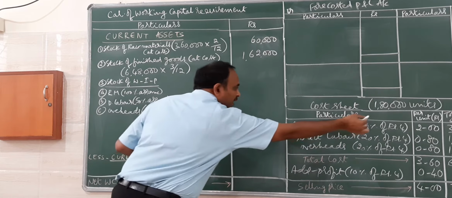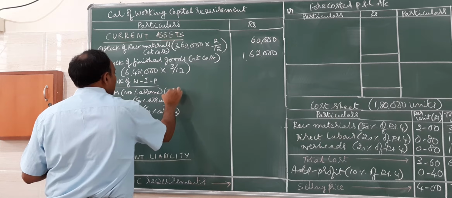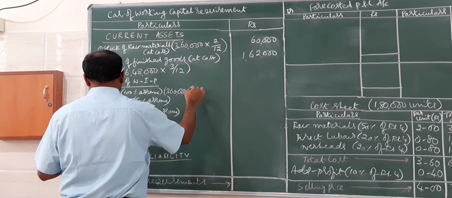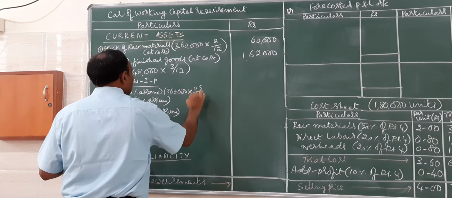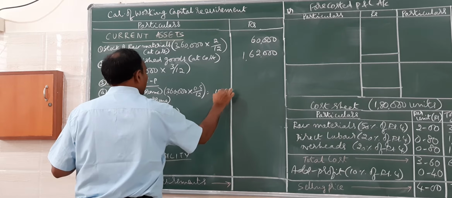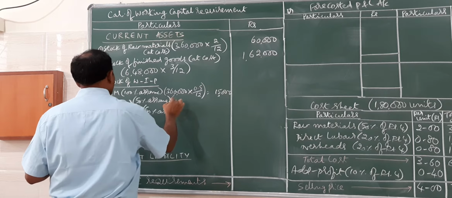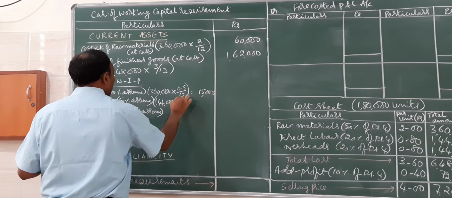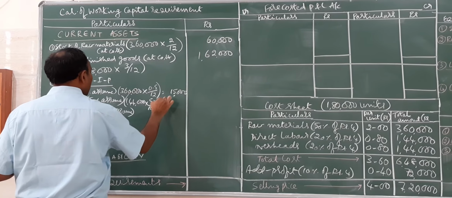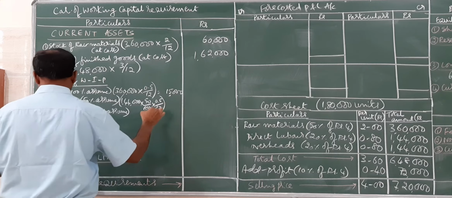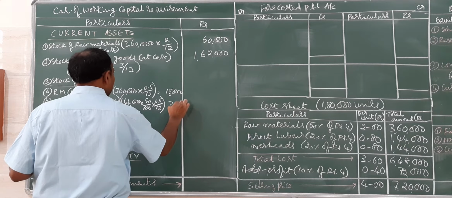So raw material we take 3,60,000 total, 100% complete, half a month, it comes to 15,000. Labor 1,44,000, 50% complete for half a month, it comes to 3,000.